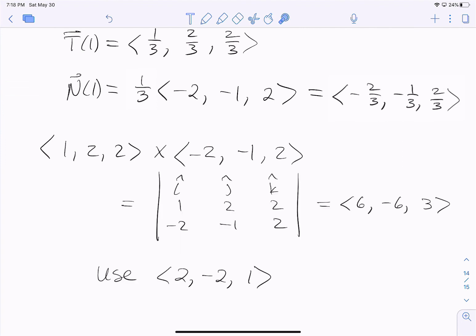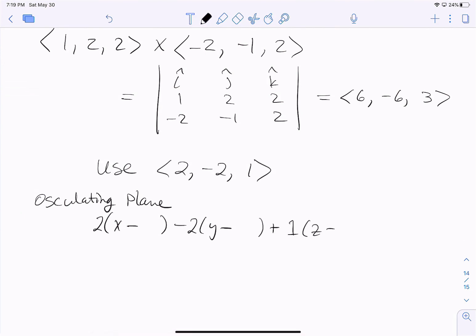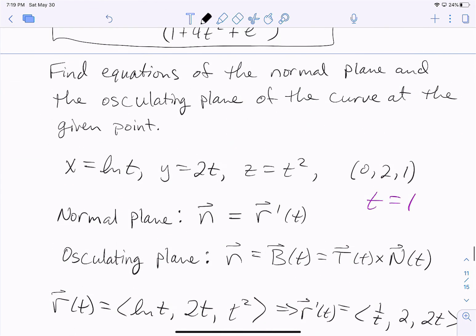For the cross product, I get 6, -6, 3. Again, we only need it for a direction, so I'm going to use 2, -2, 1. So our osculating plane is going to have an equation 2 times x minus something, minus 2 times y minus something, plus 1 times z minus something, is equal to 0. I keep saying something because I forgot what the point was.